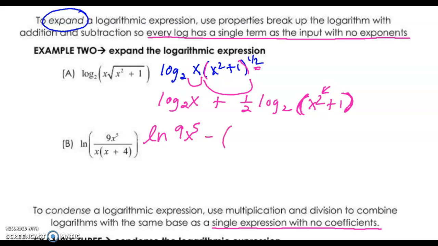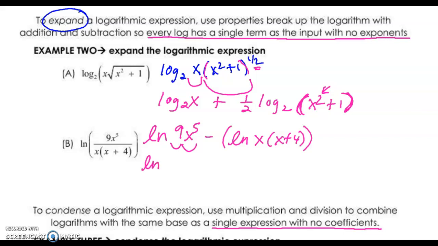Now let's be careful about this. Natural log of the denominator, because we have to subtract that entire denominator, okay? And also, we've got an exponent here, and we've got multiplication. We've got a 9 and an x to the 5th. So I'm going to separate that using the multiplication. That 9 and that x to the 5th are being multiplied.